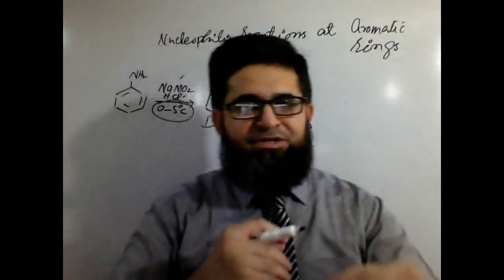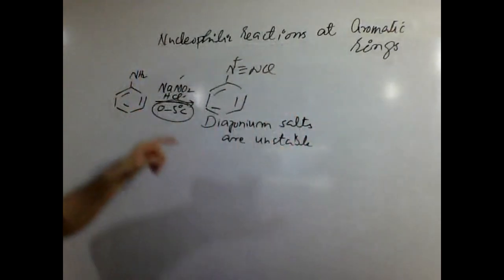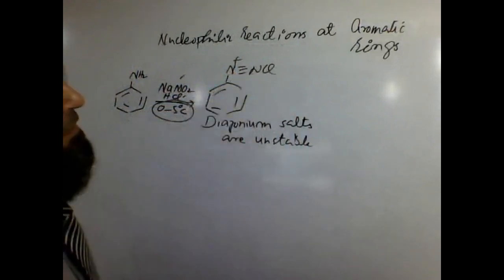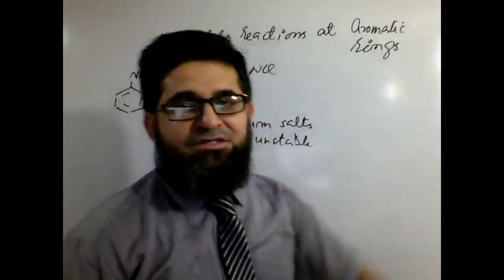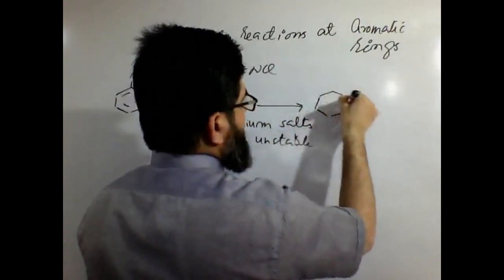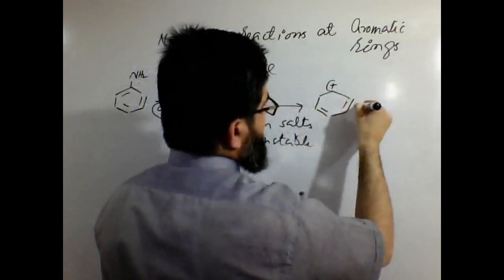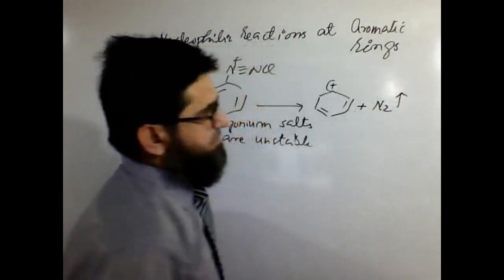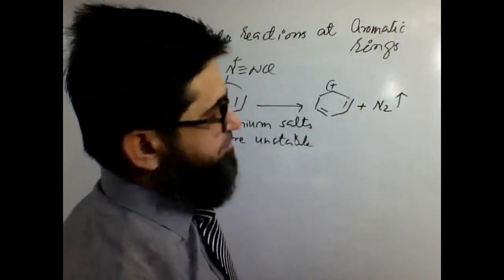As soon as the temperature rises above 5 degrees, there are chances that this nitrogen present in diazonium evolves in the form of nitrogen gas, leaving behind a sort of positive charge on the ring. The nitrogen gas evolves from the reaction mixture, leaving the benzene with a positive charge.